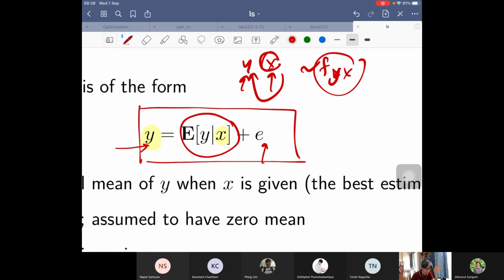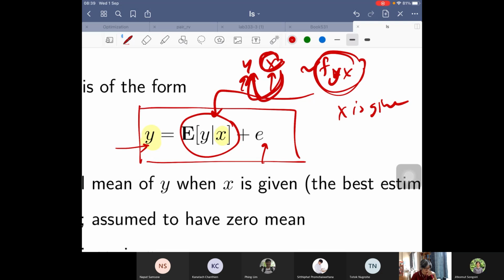Because your x has some influence, using information of x can help you to explain y. So when you have a joint distribution between y and x, and when x is given, the best way to estimate y is to use the conditional mean of y given x.